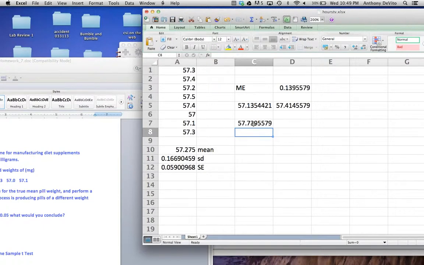What's going to happen is that the range you wind up with is going to be the same width. It's going to be margin of error below, margin of error above. It's still going to be different than the mean that we calculated based on our actual sample by the same amount.